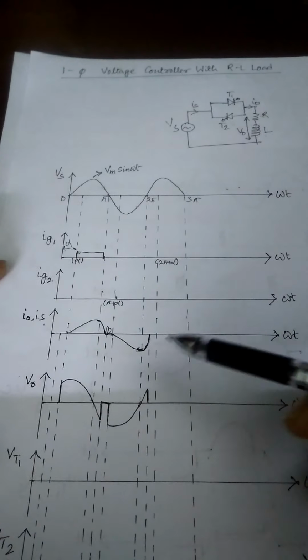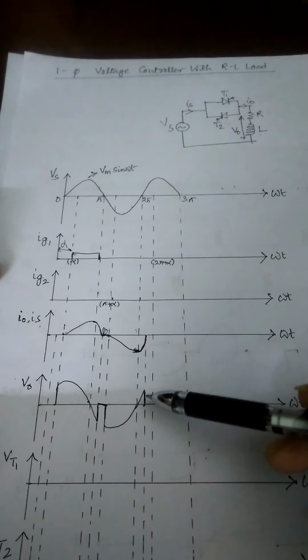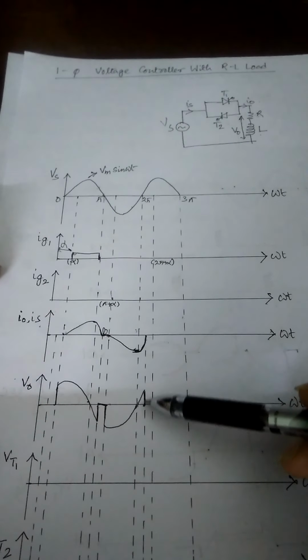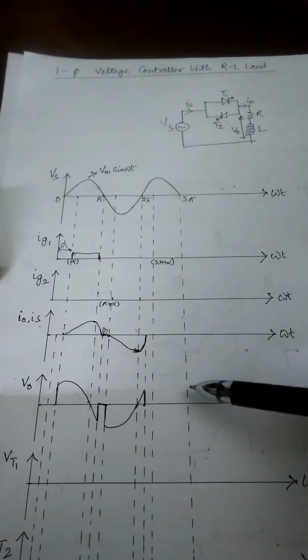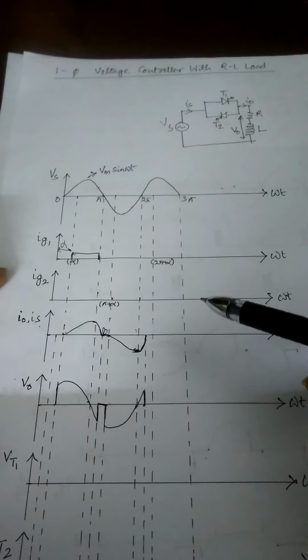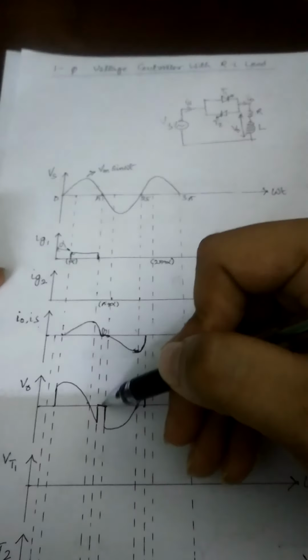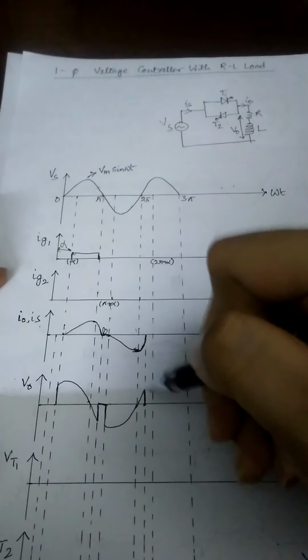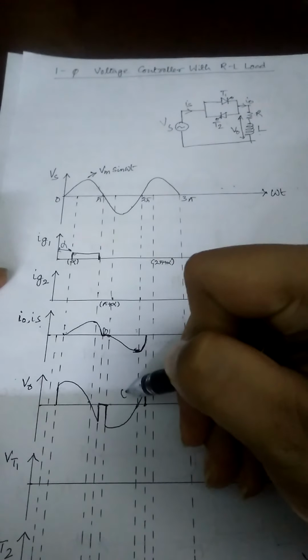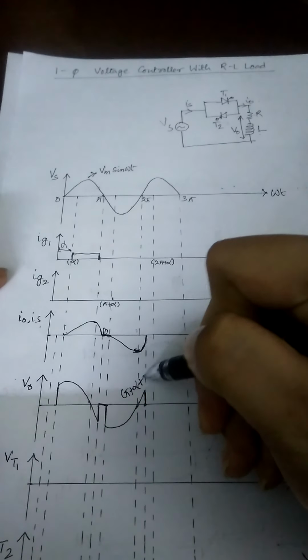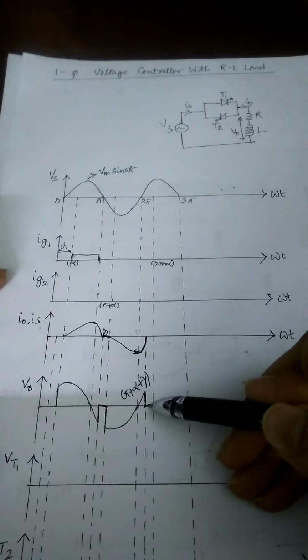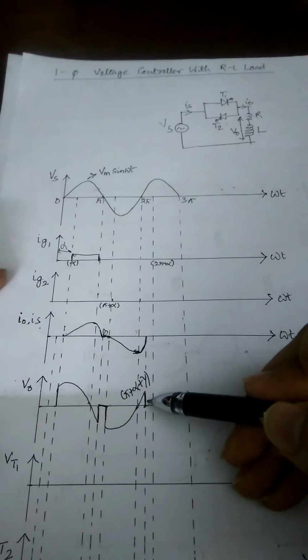Now this is the 2 pi point, and we can call this a gamma point. Suppose this is a gamma point. So the pi plus alpha point is here, and this point we can write as pi plus alpha plus gamma.